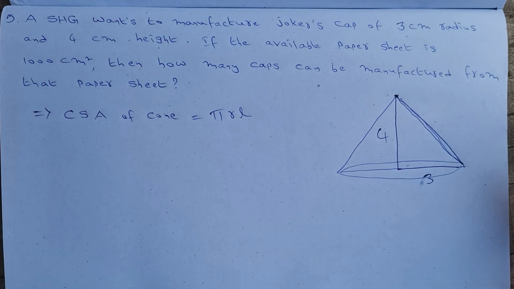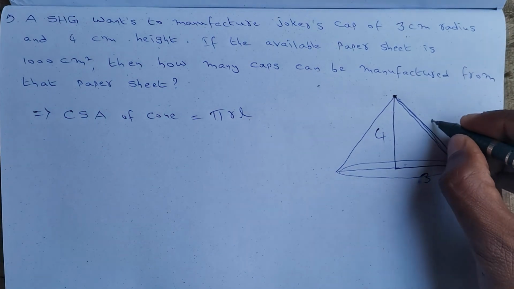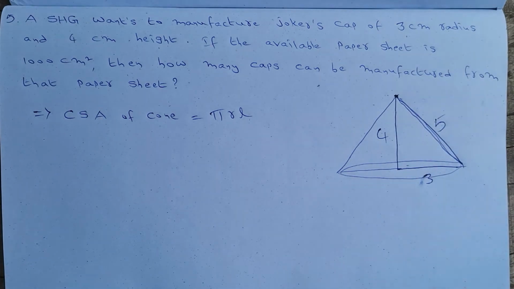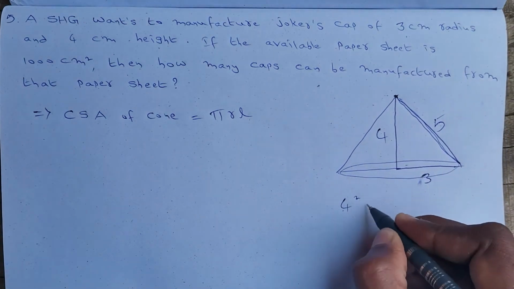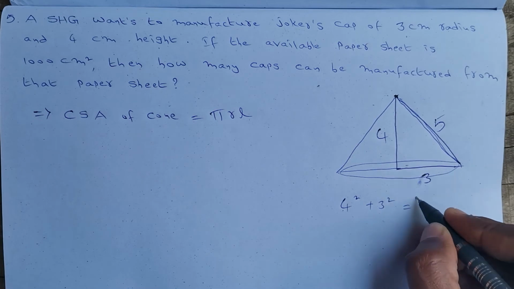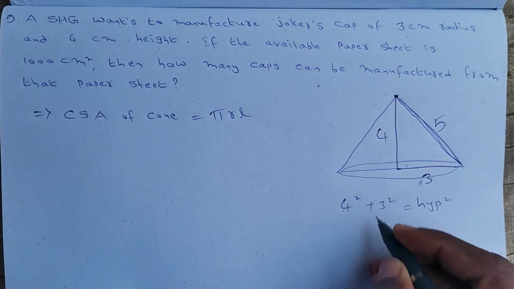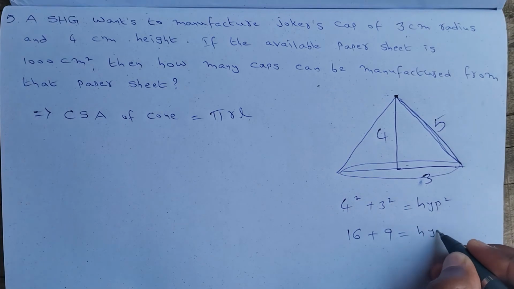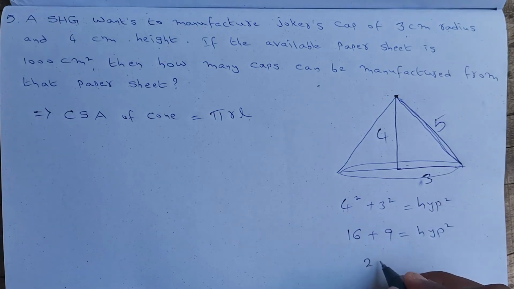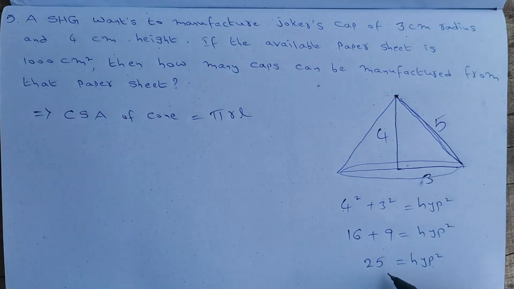Already we know Pythagorean triplets. If two sides are 3 and 4, obviously the hypotenuse is 5. If you don't know that the hypotenuse is 5, we need to go with the Pythagoras theorem: first side square plus second side square is equal to hypotenuse square. 4 square is 16 plus 3 square is 9, which is equal to hypotenuse square. 16 plus 9 is 25, so the hypotenuse square is 25.